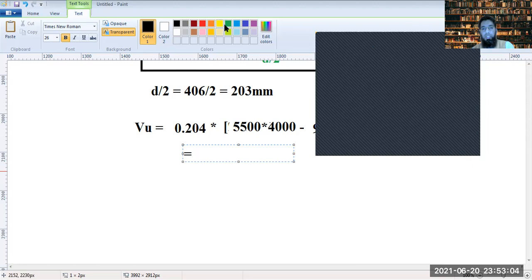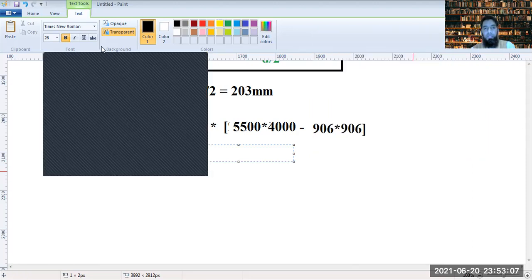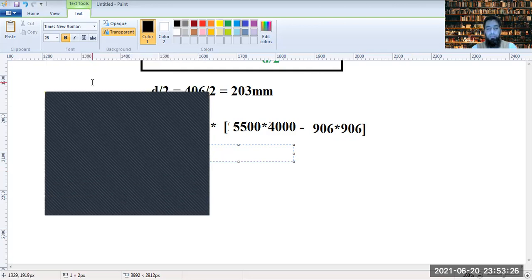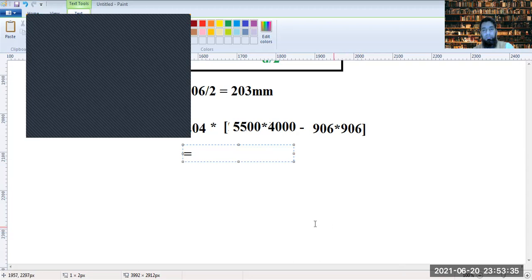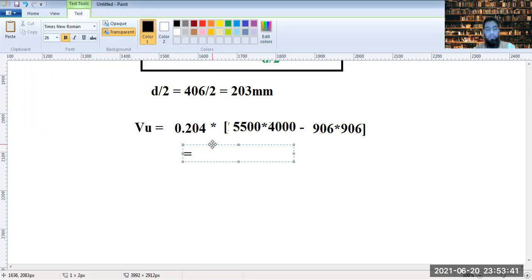So the value that you are getting is coming out to be 432.0549.